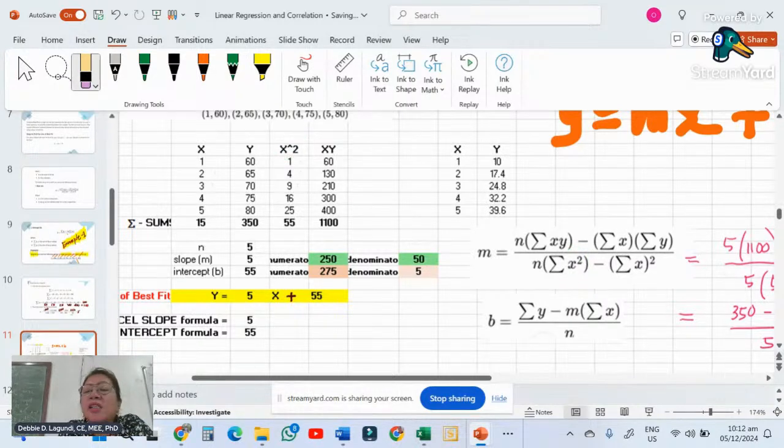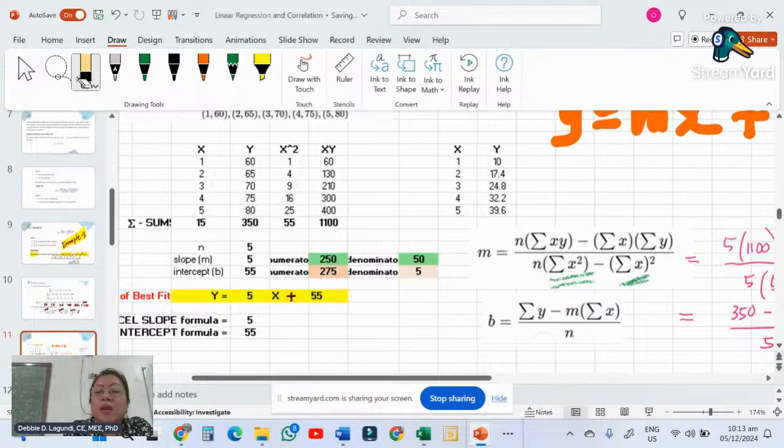You also need the summation of x, squared. These are two different quantities. This is the summation of x squared, and this is the summation of x, and after that, square it. So you go back to the table. This is your summation of x, and square it. 15 times 15 is 225.